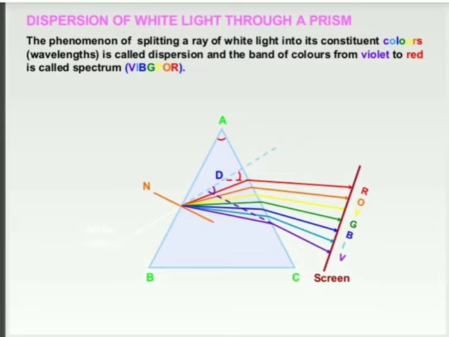Sometimes it bends towards the normal when it is going from a rarer to a denser medium, and sometimes it bends away from the normal when it is going from a denser to a rarer medium, isn't it? You have done the refraction phenomenon in the light chapter also, but today we are going to do refraction through a glass prism and dispersion of white light through a glass prism.